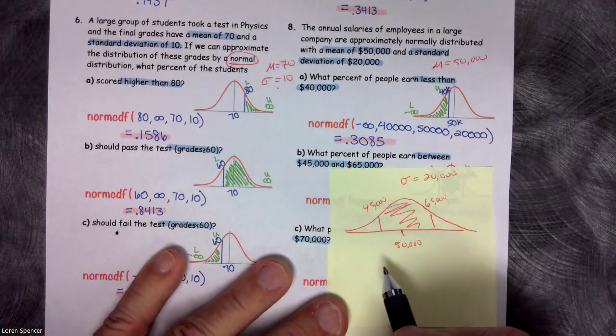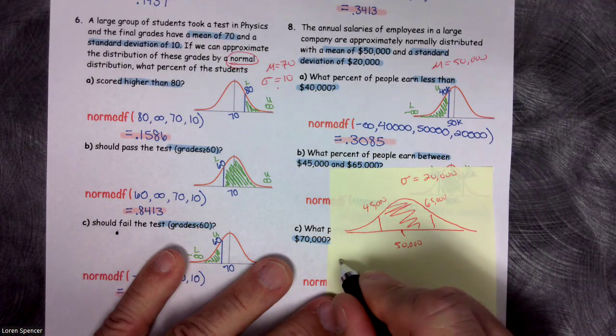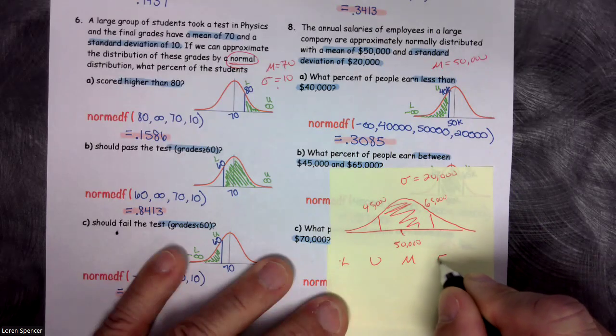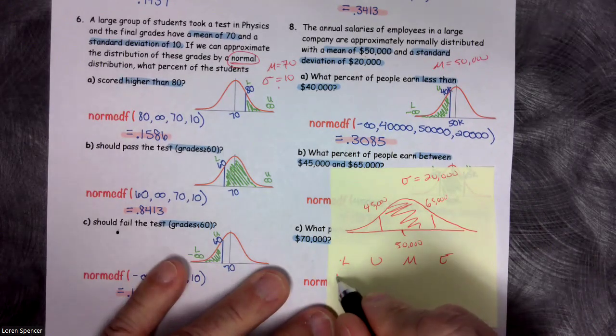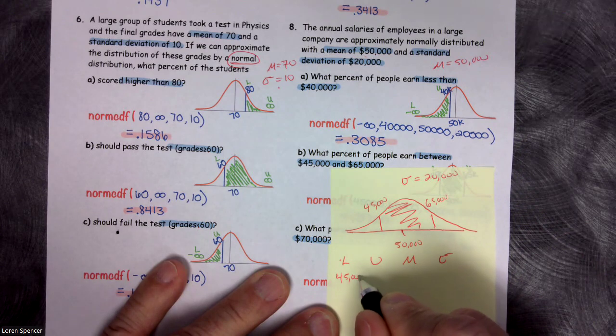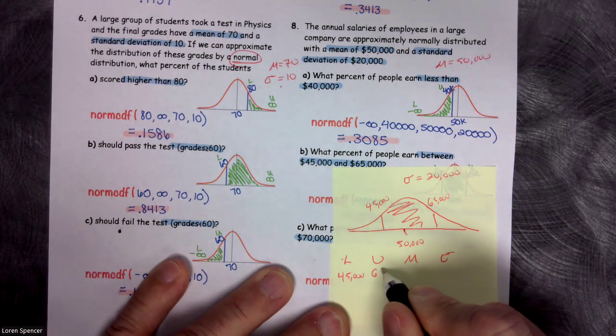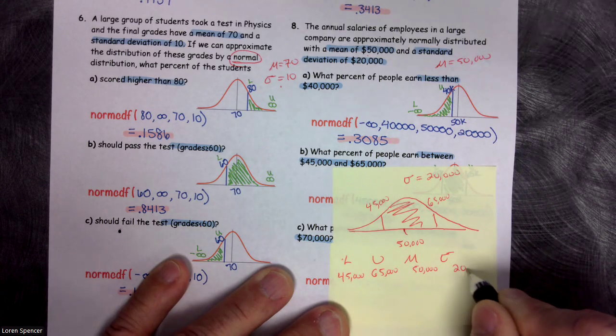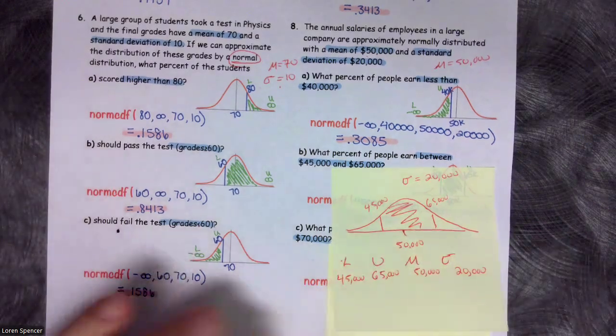And by the way, if they had asked us to write the probability statement, we would have, well, let's do our LUMO first. Lower, upper, mean, standard deviation. My lower is 45,000. The upper mark of my shading is 65,000. My mean is 50,000. And my standard deviation is 20,000.